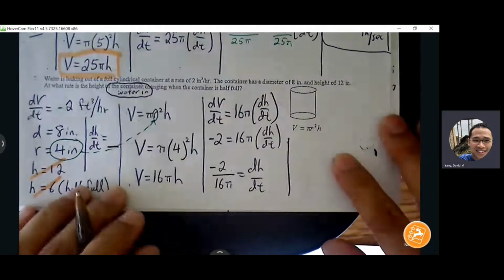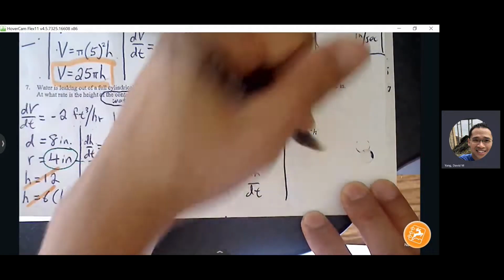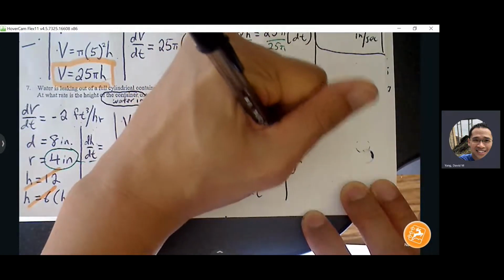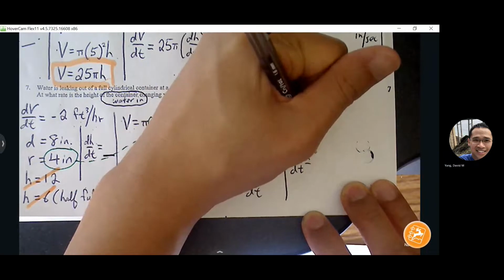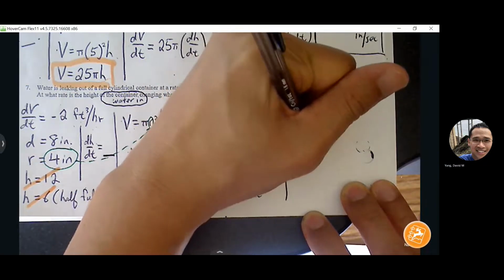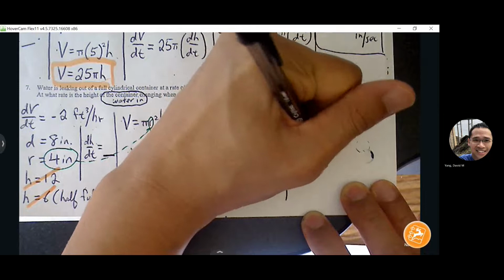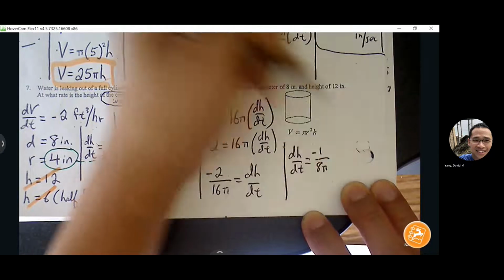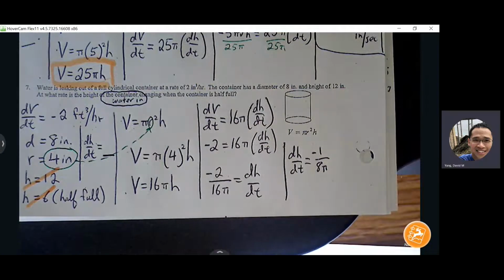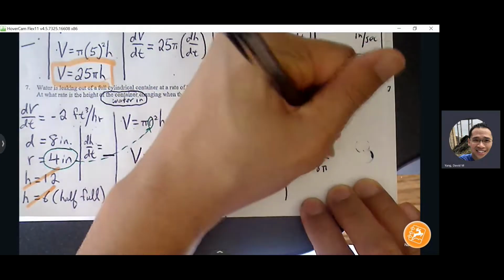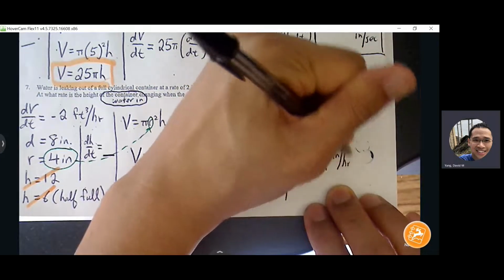Notice again, pi is in the denominator. It needs to stay there, even after we reduce. What's a unit for height? Inches per hour.